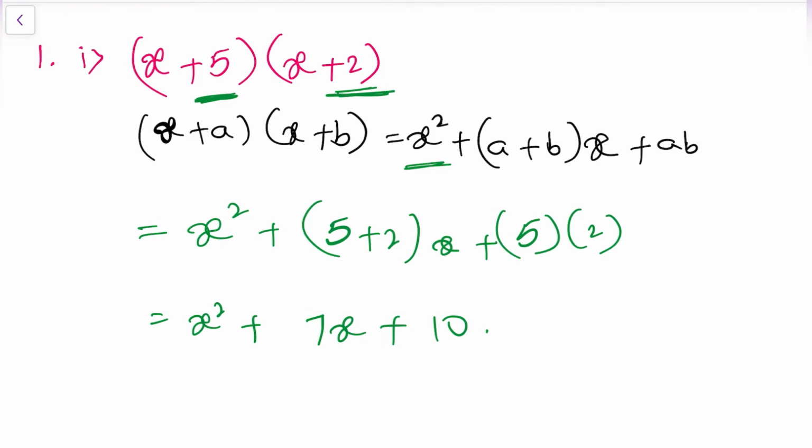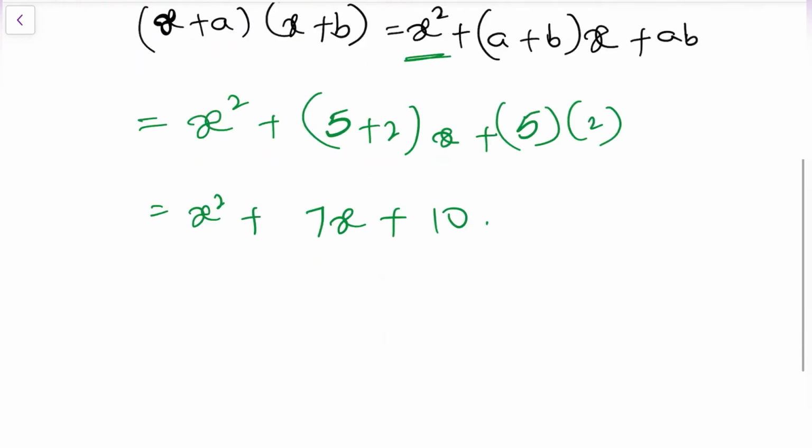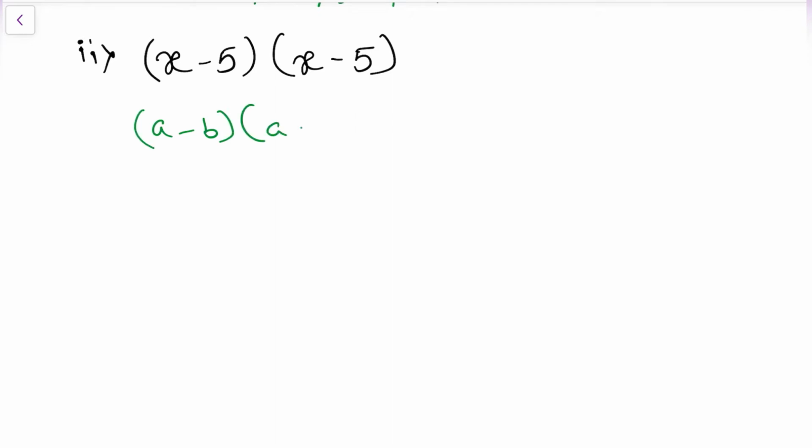Next, let us check the second question. The second one is given as x minus 5 into x minus 5. Now if we observe this, it is in the form of a minus b into a minus b. A minus b into a minus b is nothing but a minus b whole square.